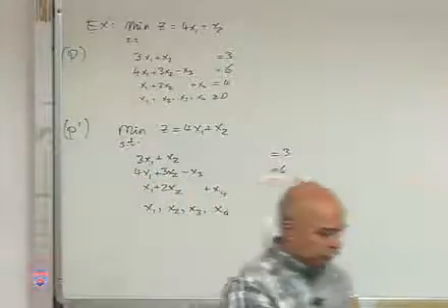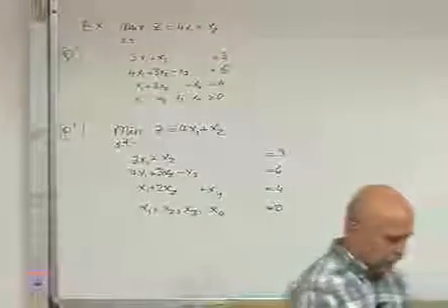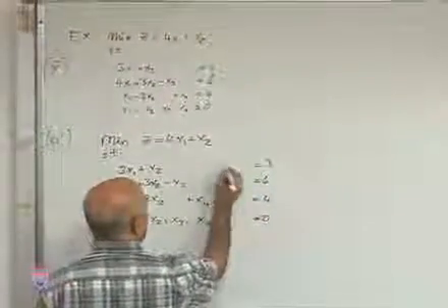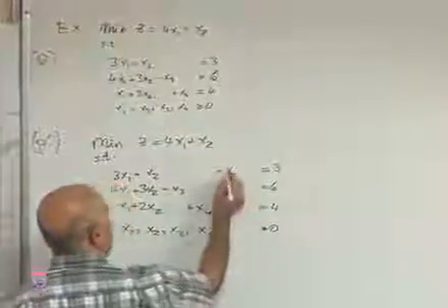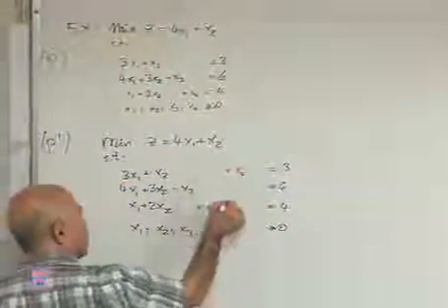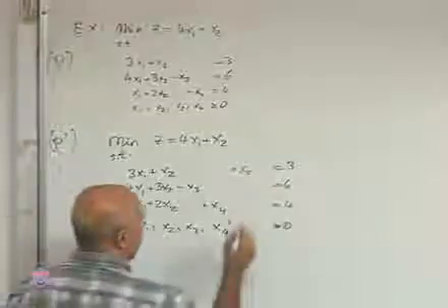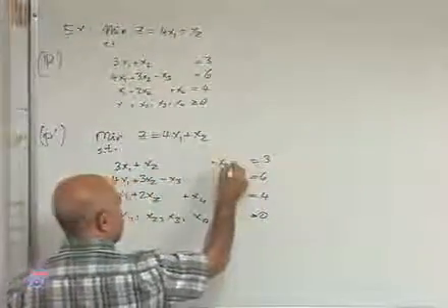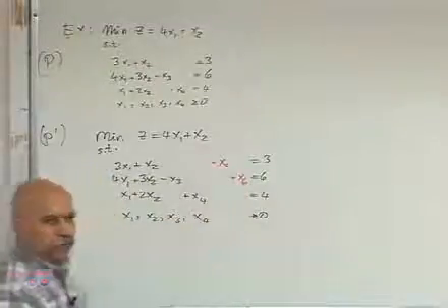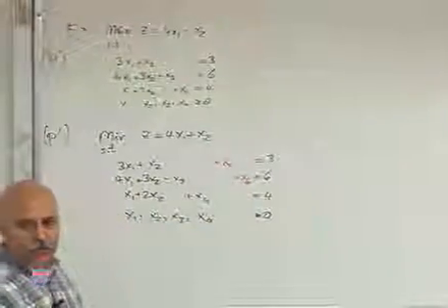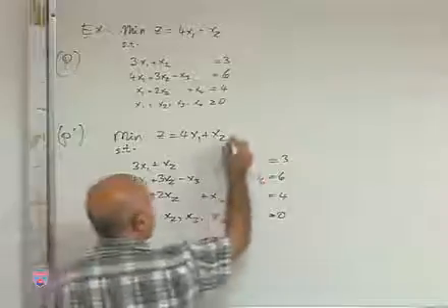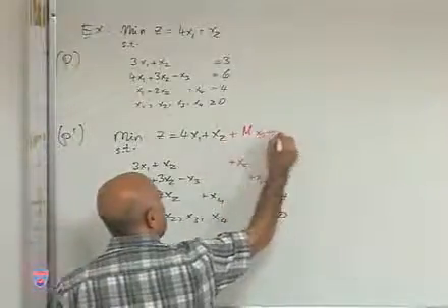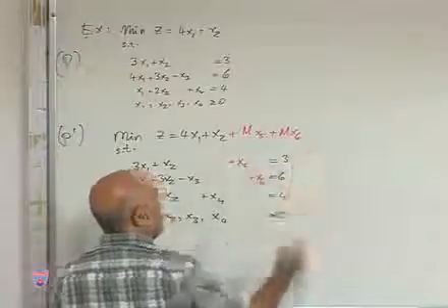I add x5, which has the unit vector 1, 0, 0. And I add x6, which has the unit vector 0, 1, 0. So all the columns of the identity will be supplied now. And for that reason, we penalize x5 and x6 in the objective function.